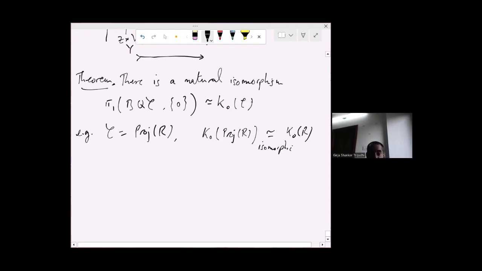This natural isomorphism allows us, after maybe some more thought, to give another definition of higher algebraic K theory, at least for rings.